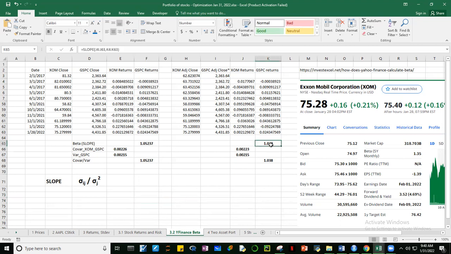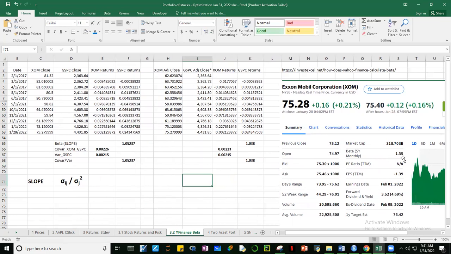And I got a beta of 1.038, which was smaller than the beta of the closing prices. So Yahoo Finance still did not use the adjusted close. As it stands right now, guys, I still haven't deciphered how they came up with this 1.35.